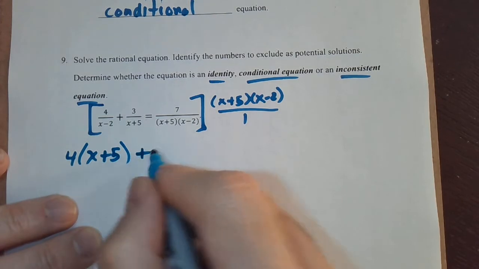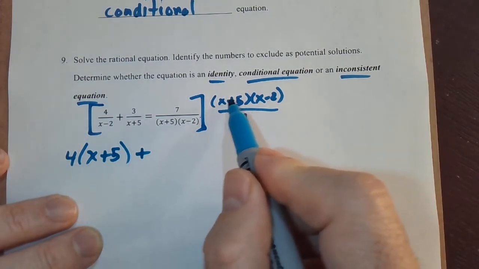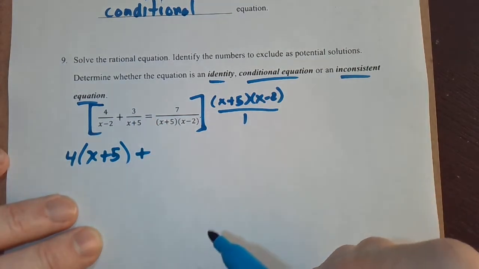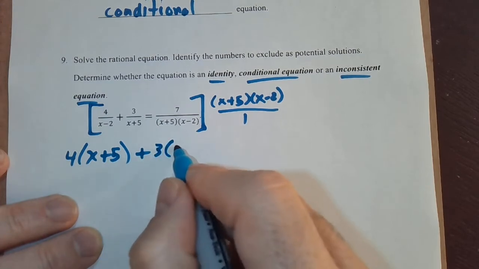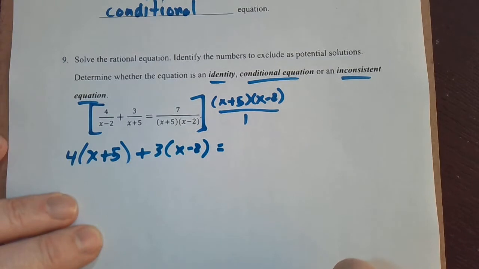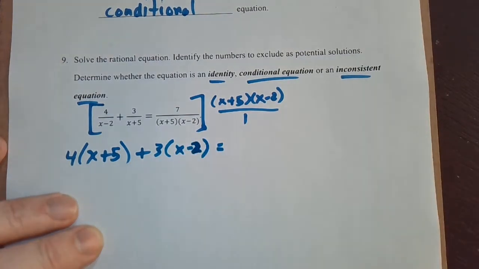All right, then the second term. In this one, the x plus 5 is going to cancel with this x plus 5, leaving us with an x minus 2 on top and that 3 on top as well. And as mentioned earlier, the right-hand side is really simple. Now let me make this look a little more like a 2.